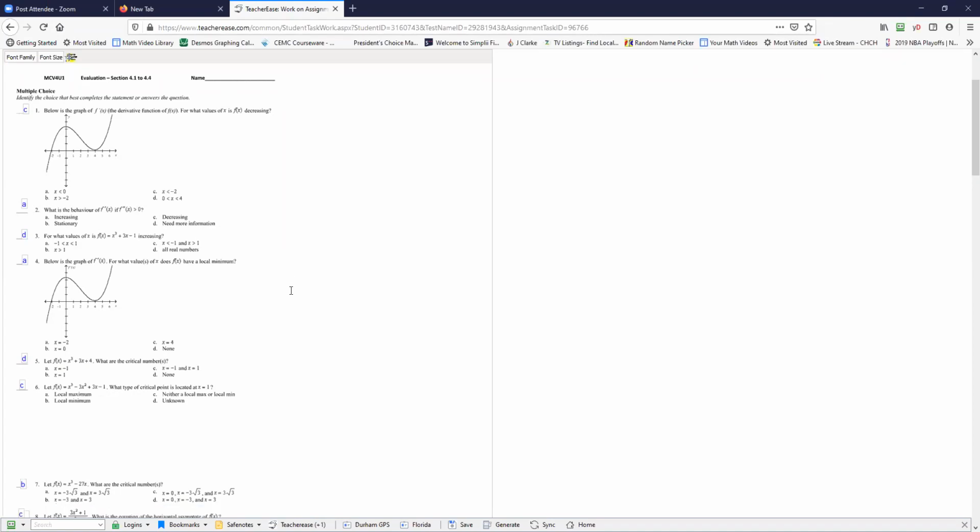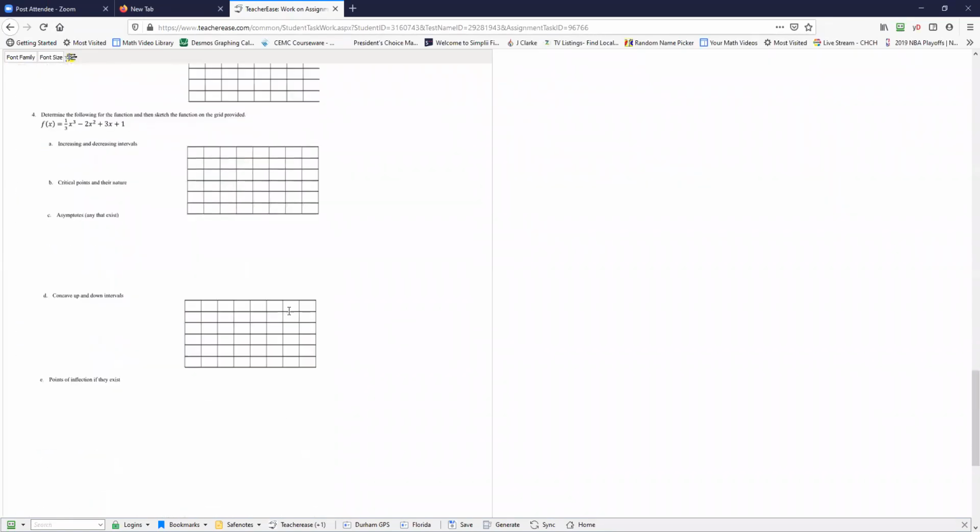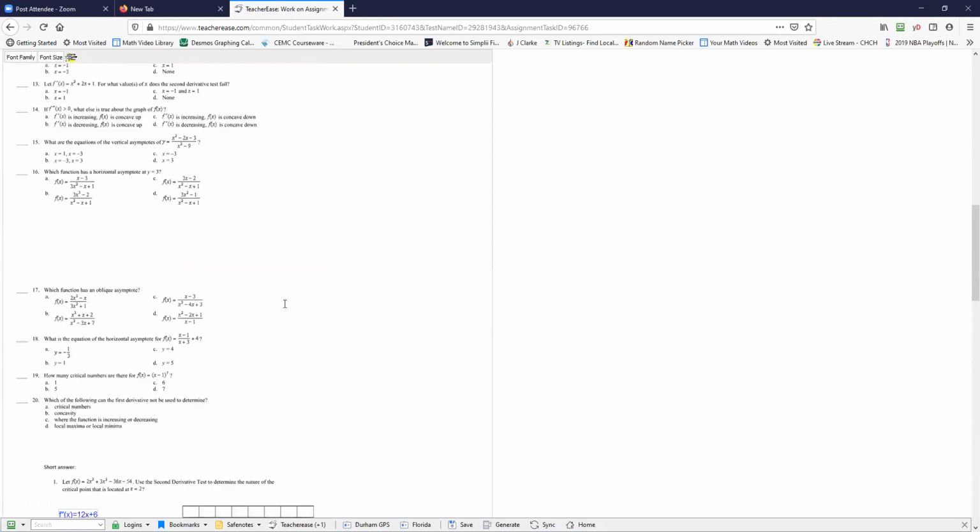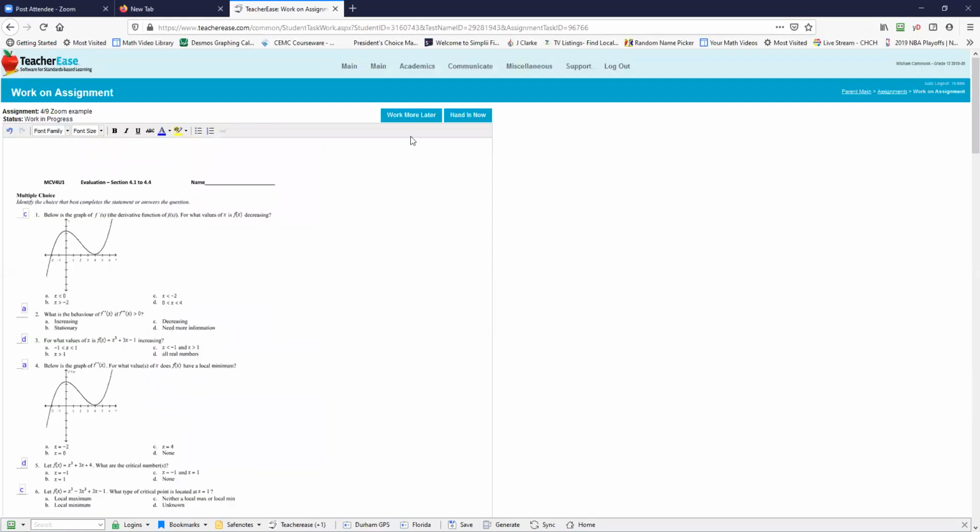Because at the top, when you've finished everything, it says hand in now. There's a work more later option, but that's not an option that you want to choose, because I'm giving you whatever the time limit is to get this done. Once you press that hand in now at the top, that's it, game over. It's like when you're working on the clickers that you guys love so much, right?